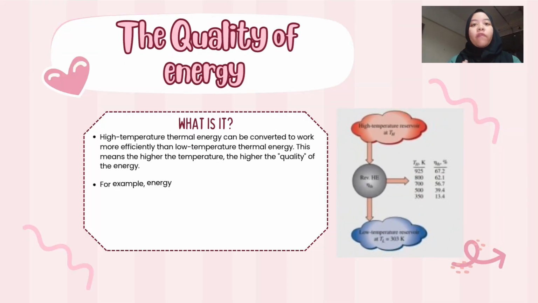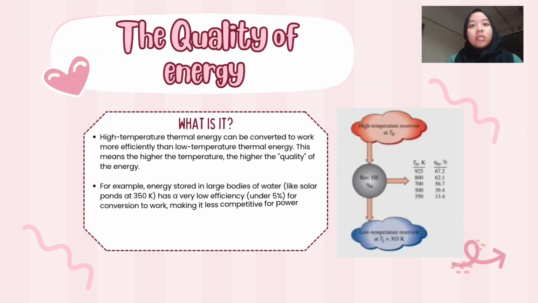The quality of energy: high temperature thermal energy can be converted to work more efficiently than low temperature thermal energy. This means the higher the temperature, the higher the quality of the energy.